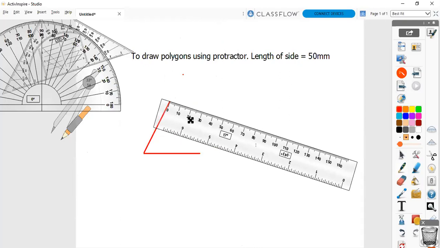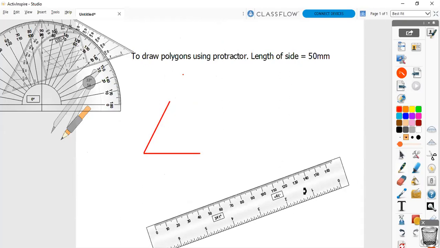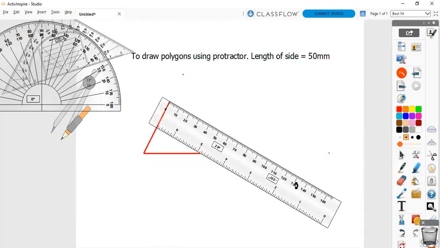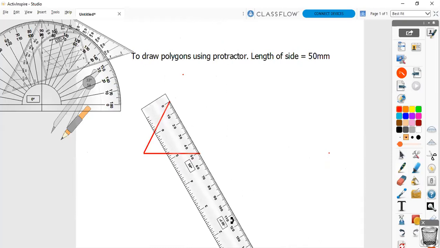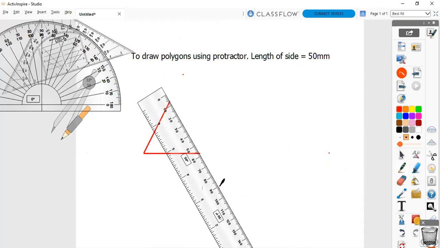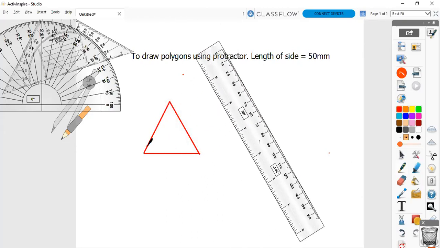One is my point 0, and I need to join this point with this 1 point. Join these 2 points in such a way that you will have the same triangle which has an angle equal to how much? 60 degrees. So this is your polygon which is considered as the triangle.